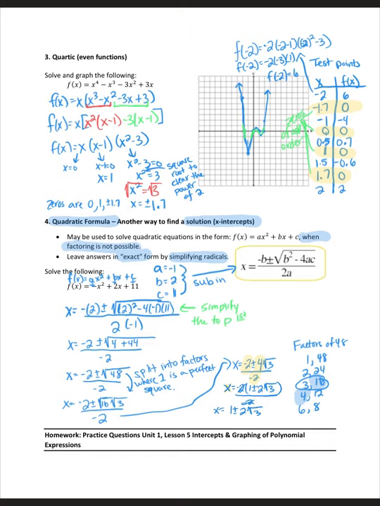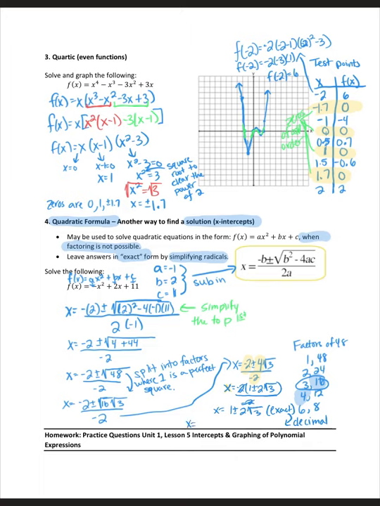So that's it if we wanted to leave it as an exact value. 1 plus or minus 2 radical 3 is the exact value or solution. If we wanted to write it as a decimal, we could calculate 1 plus 2 times radical 3, or 1 minus 2 times radical 3.